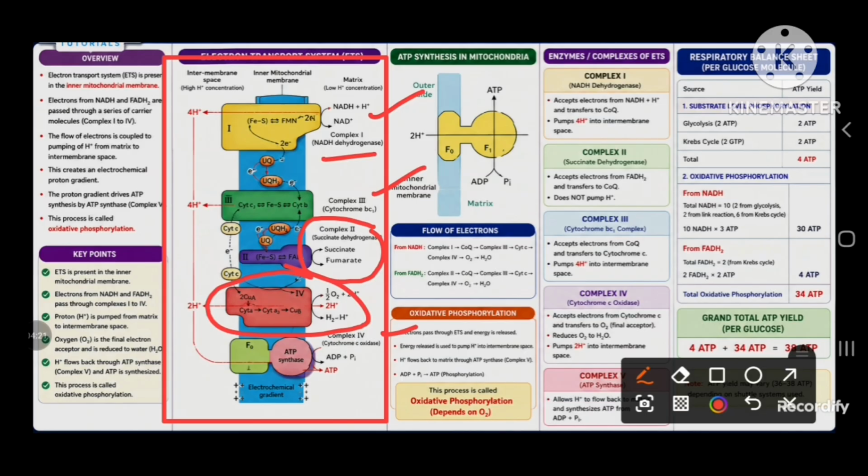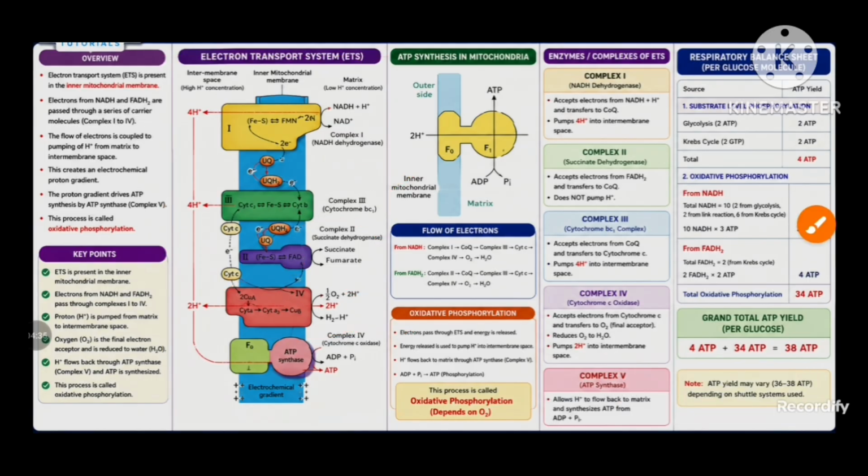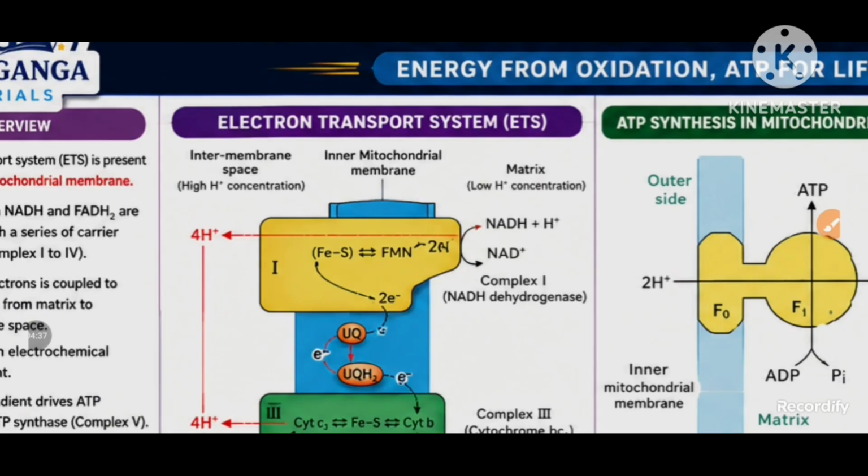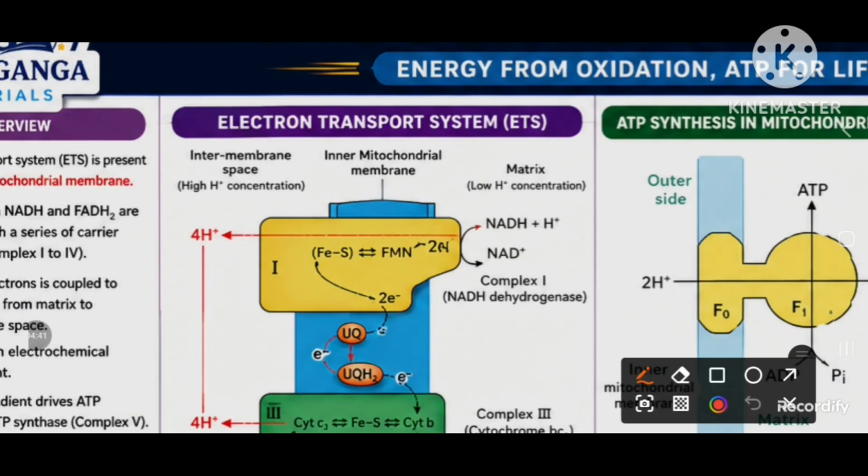Finally, complex number 5, the F0 F1 particle, also known as ATP synthase enzyme, is involved in the synthesis of ATP from ADP. The NADH and FADH molecules are prepared by glycolysis as well as the Krebs cycle, and they are used here to prepare ATP.